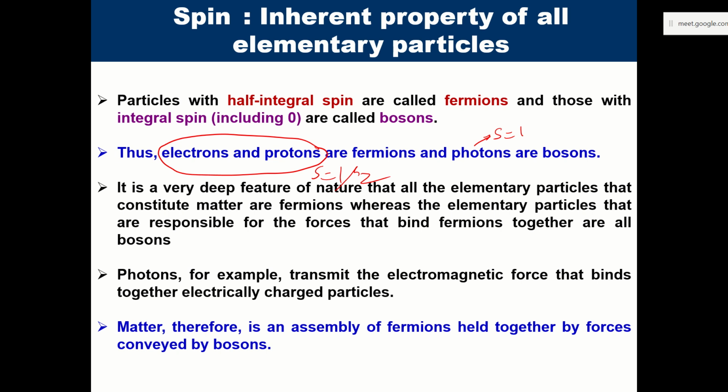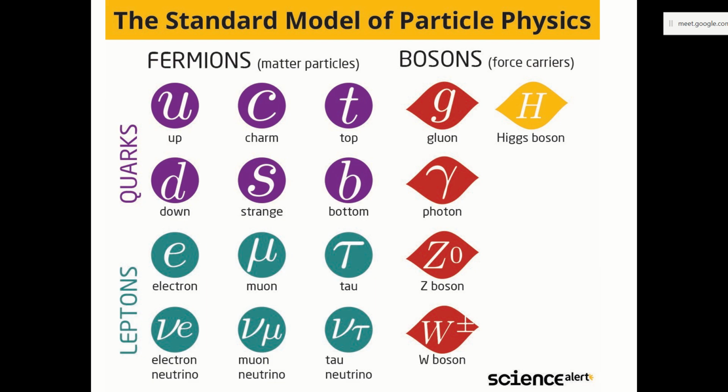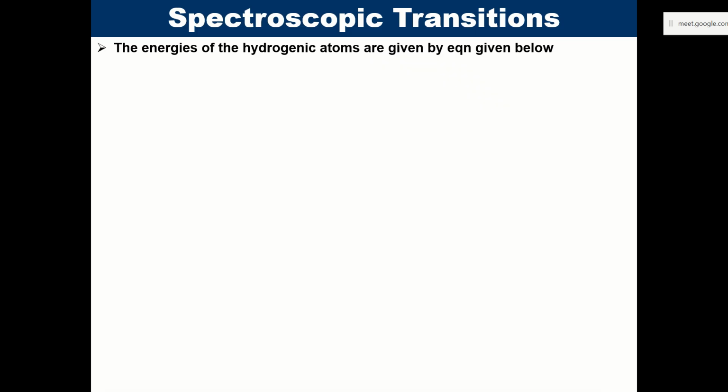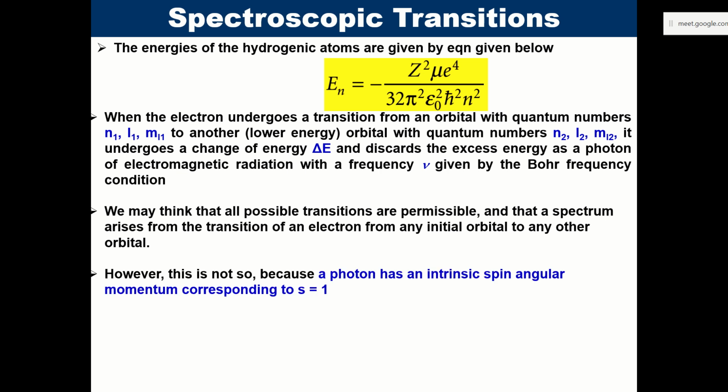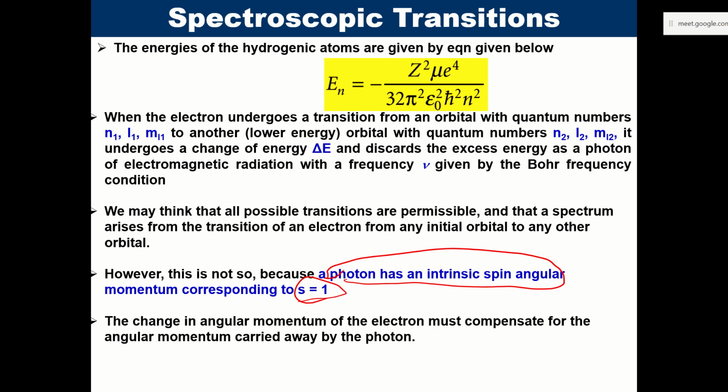I'm not going into the details of the particle physics here, but what we are considering is that we must account for the conservation of spin of the photon. The photon has an intrinsic spin of 1, corresponding to s equal to 1, and the change of angular momentum of the electron must compensate for the angular momentum carried by the photon.